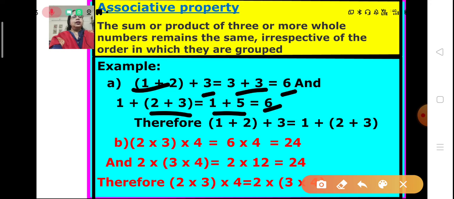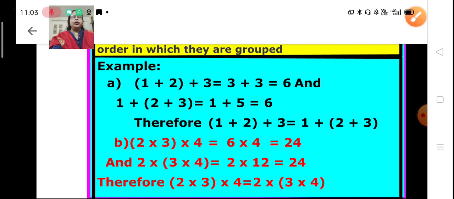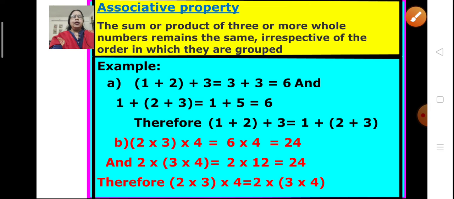So it is true that we can group the numbers in any way to get the sum. It doesn't change the result. This is the associative property.